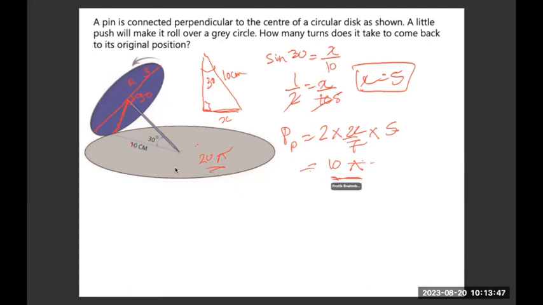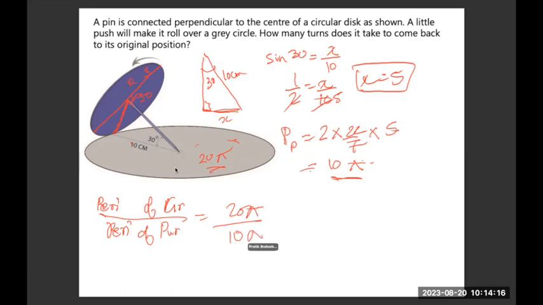The ratio of the perimeter of the gray circle upon the perimeter of the purple circle will be 20 pi upon 10 pi, which is 2 times, which is the answer. So it will have to take at least 2 turns to come back to its original position. Is that clear?